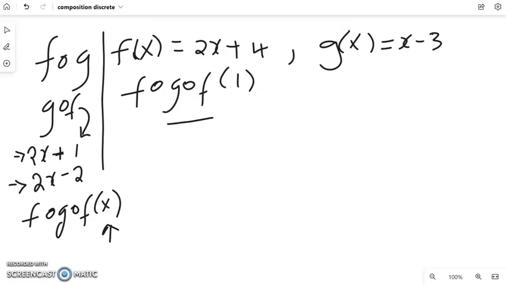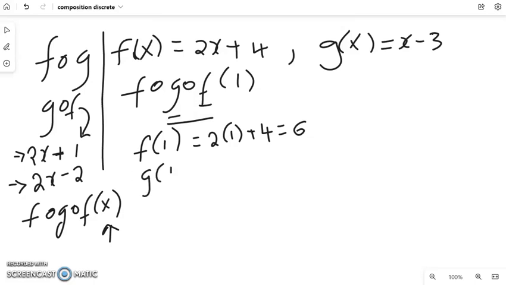Therefore, if we have an input, we'll start with f of 1, which will be equal to 2 times 1 plus 4, which will be equal to 6. Then next, we shall go to g. This will start with f from the right-hand side, then we'll go to g. g with the input value of 6 will be equal to 6 minus 3, which will be equal to 3.